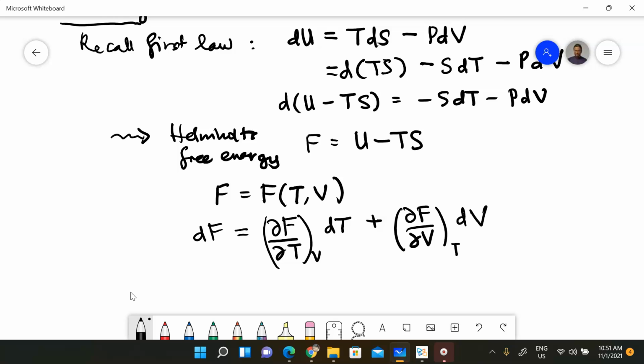But remember, from there we had dF equals minus S dT minus P dV.